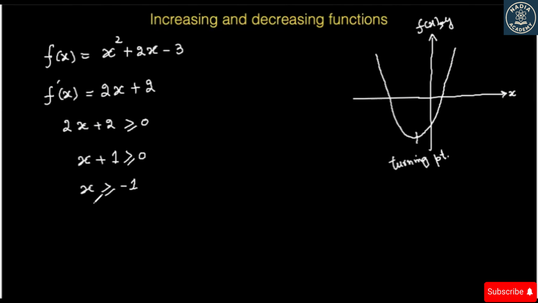This tells us that because this is greater than zero, it means this is the increasing function. So this function will be increasing for the values of x that are greater than -1. So our interval will be -1 to infinity.